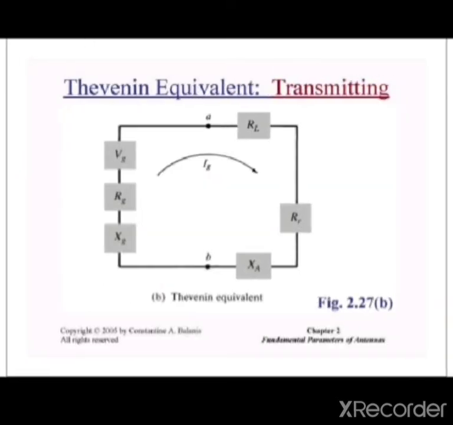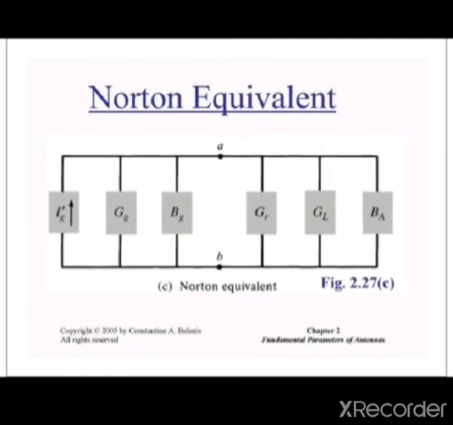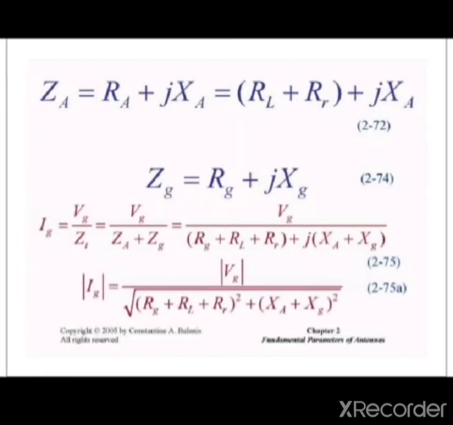Now take the Thevenin's equivalent. We already know the Thevenin's equivalent circuit: the open circuit voltage is in series with the Thevenin's resistance. Similarly you can apply it here, and in the Norton's you already know the short circuit current.